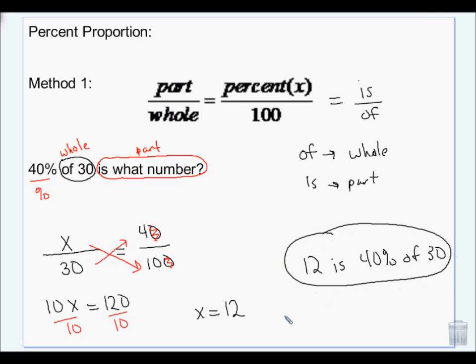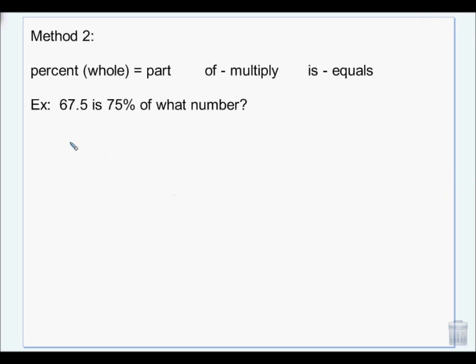You don't need to write all this. All you really need is x equals 12. If you don't want to use a proportion, you can set up an algebraic equation: percent times whole equals part. This is multiplication, because "of" is multiply and "is" is equals. So I can say 67.5 is 75% of what number? Now if I do this, I have to take that 75% and turn it into a decimal. To turn it into a decimal, I move 2 decimal places.